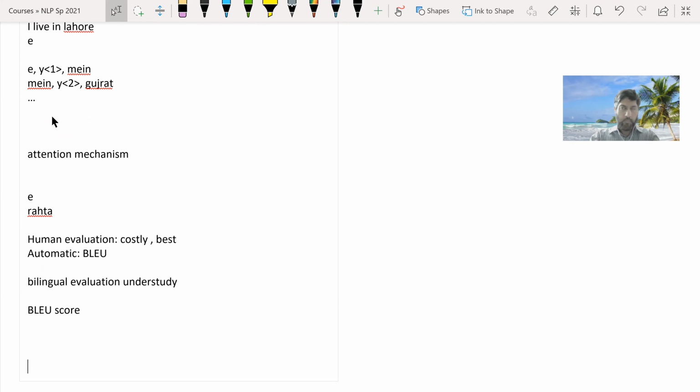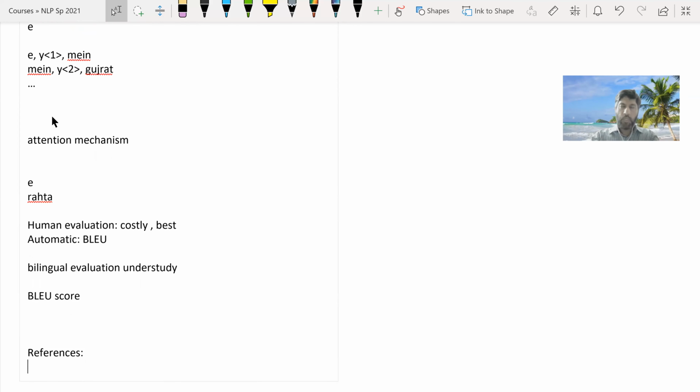So you have some references, meaning the true desired translations or outputs. There could be multiple of them, not one. Remember, language can be written in multiple ways. So "I live in Lahore" is maybe one correct output.